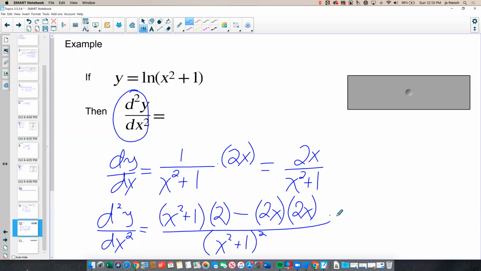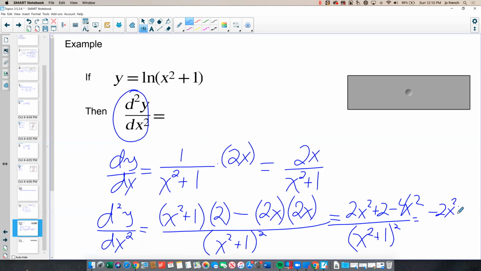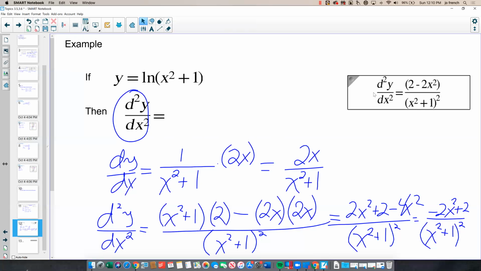If I wanted to simplify, I could distribute and get 2x squared plus 2 minus 4x squared over x squared plus 1 squared, which simplifies to negative 2x squared plus 2 over x squared plus 1 squared. And that would be a possible multiple choice answer.